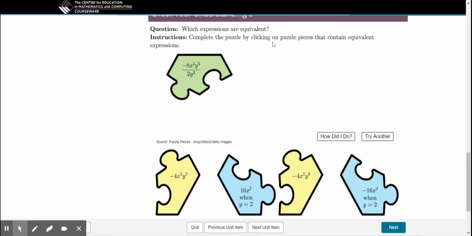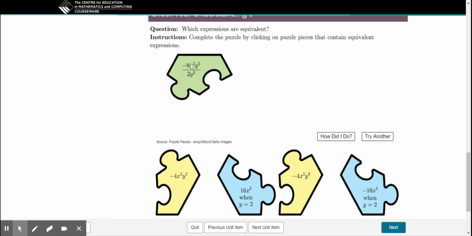Which expressions are equivalent? Complete the puzzle by clicking on puzzle pieces that contain equivalent expressions. So here's the expression inside our green puzzle, which is negative 8x squared y exponent 5 divided by 2y cubed. So when we apply what we just learned, let's think of the coefficients, and the division of the coefficients is going to be negative 8 divided by 2, which is negative 4.